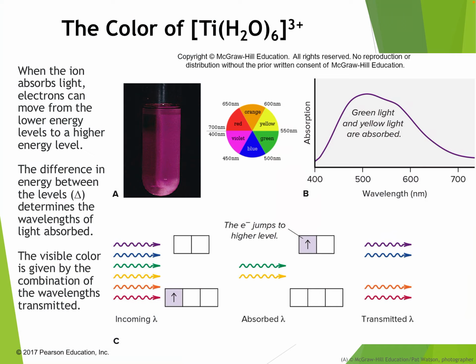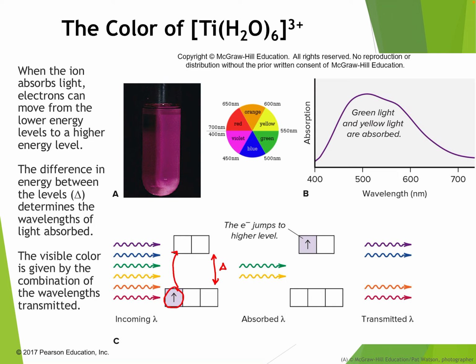So we have 1 valence electron, and it's going to absorb some light. Okay, water is a weak field ligand, and so we don't have a ton of splitting here. We have some. It's one of the stronger weak field ligands, so we have a good amount of splitting, but not a ton.